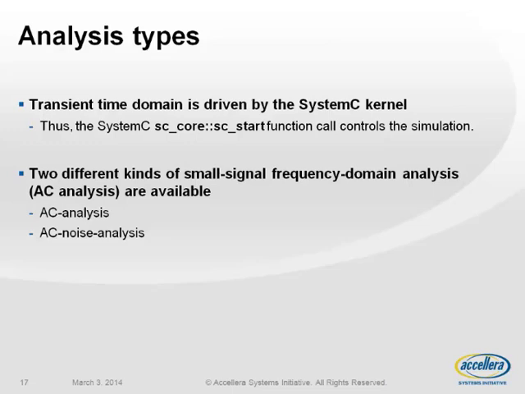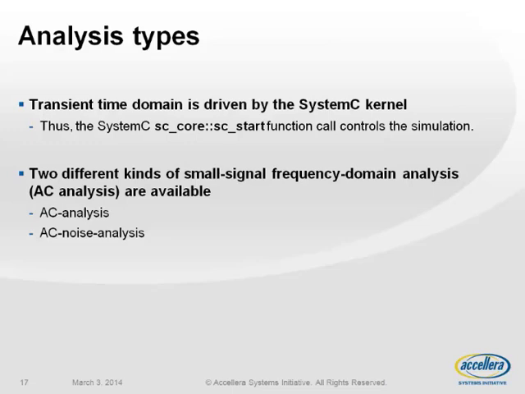In addition, what you would like to do when you're analyzing an AMS system is to drive your system through a transient simulation into a certain state, and then to analyze your signal processing chain by doing a small signal analysis. SystemC AMS offers you two kinds of small signal analysis.